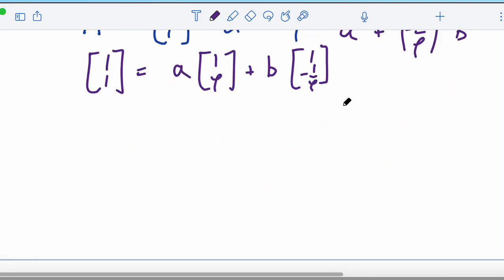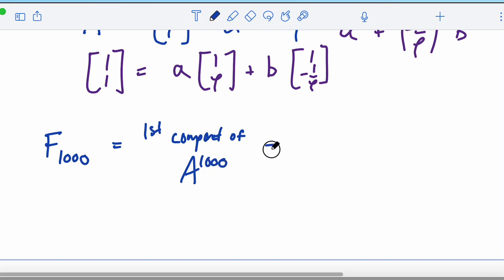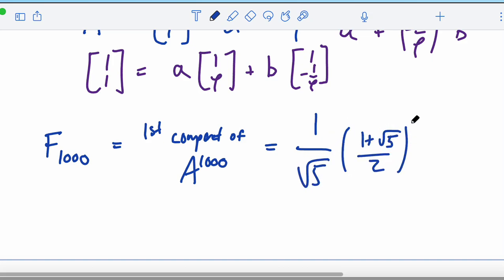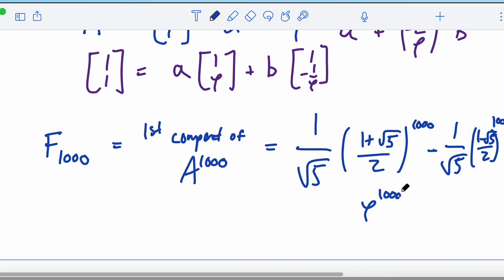And at the end of the day, what you will get is that as a vector, the first component, the 1,000th Fibonacci number, which is the first component of A to the 1,000, will be equal to this final formula: 1 over square root of 5 times 1 plus square root of 5 divided by 2 to the power of 1,000, minus 1 over square root of 5 times 1 minus square root of 5 divided by 2 to the power of 1,000. So this is phi to the power of 1,000, and this is phi's brother, minus 1 over phi to the power of 1,000. Okay. And the square root of 5's come from the solution.